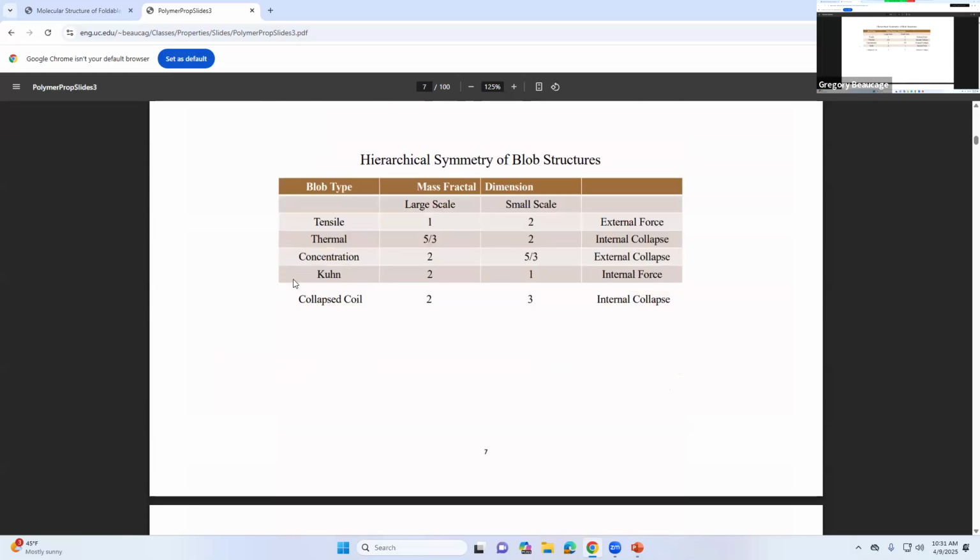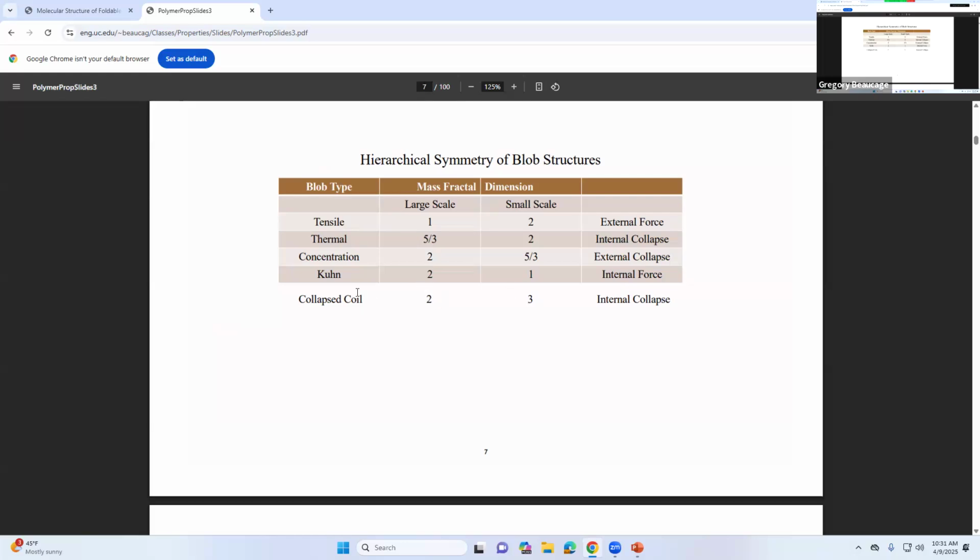And then even into the 2000s is this collapsed coil thing. When I talked about the collapsed coil, I said that at small scale it goes to three-dimensional balls, and then those form a Gaussian walk at larger scale, right?